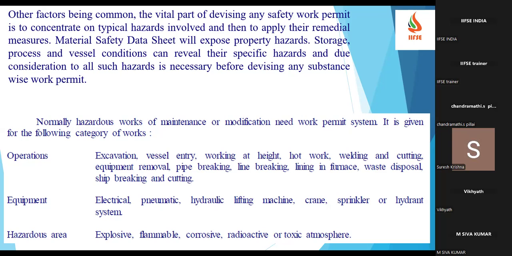Then storage, process and vessel conditions can reveal their specific hazards, and due consideration to all such hazards is necessary before advising any substance-wise work permit. So we have to ensure we have read all these things before advising anything on the activity they are performing.